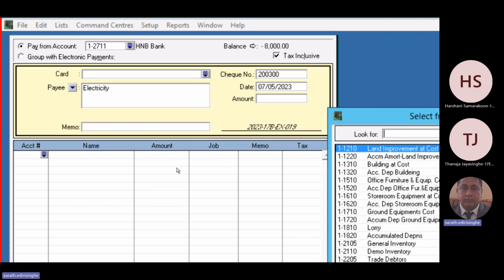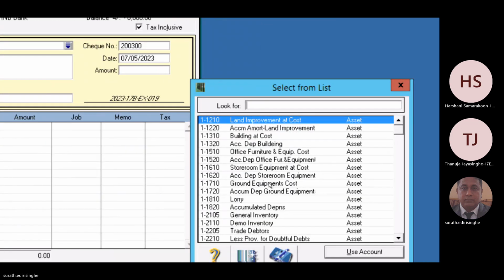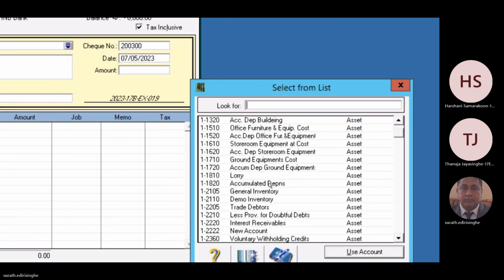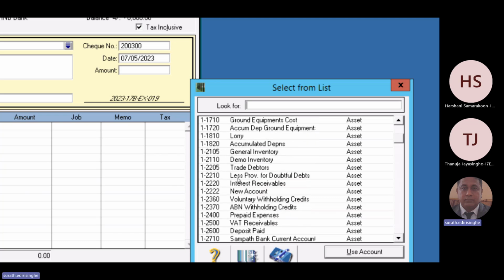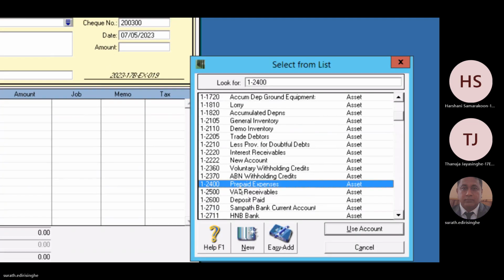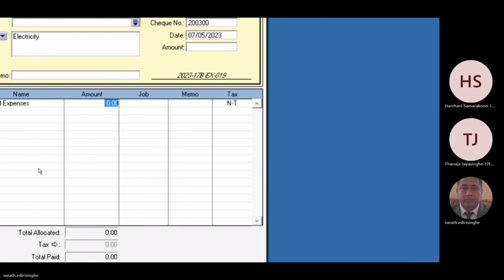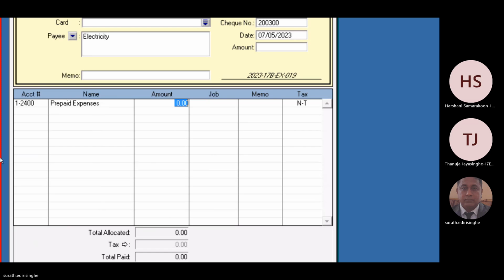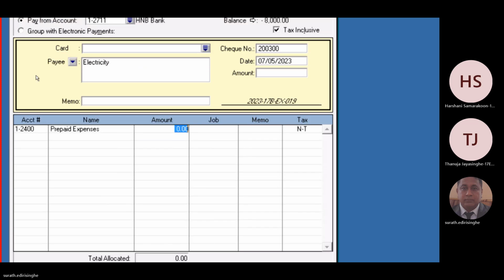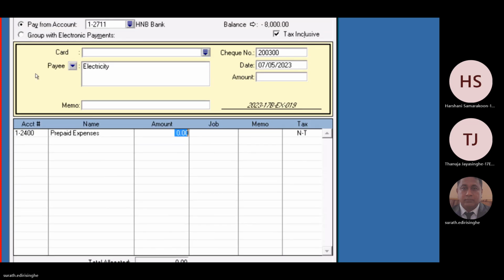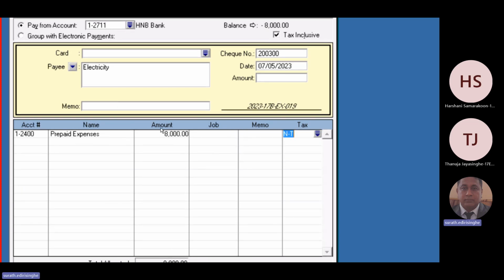Set off, set off. Yes, prepaid credit. Then amount 8,000, no? Liable to VAT.